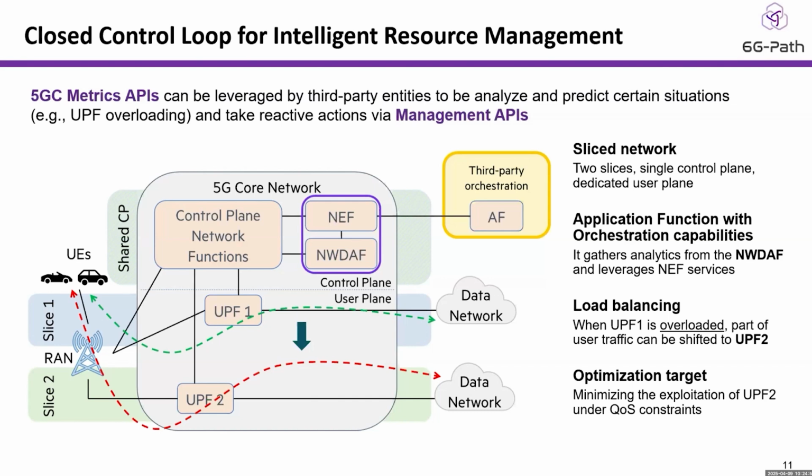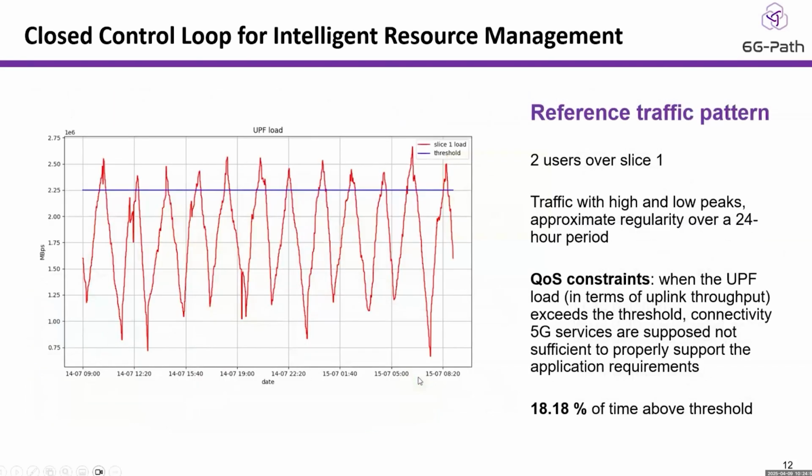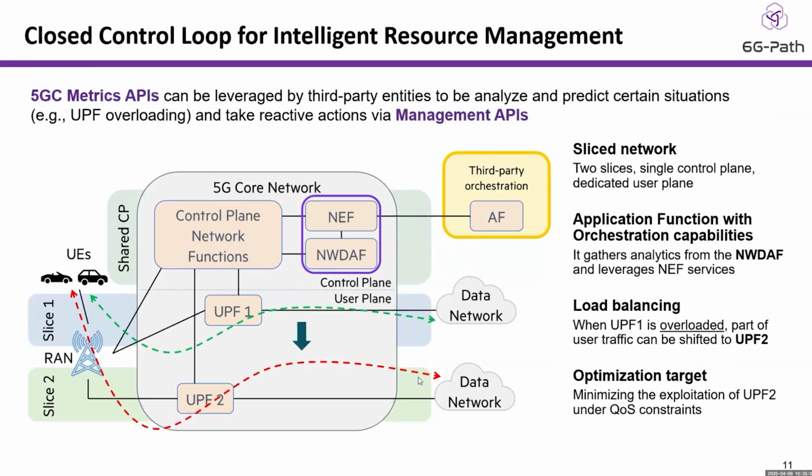So what I'm going to show here in the next two or three slides is a little project done internally, a project that we carried out with an intern recently. And the scenario is the following. We're considering this network architecture you see on the left, in which we have two slices, a shared control plane, and then dedicated UPFs for each one of the slices.